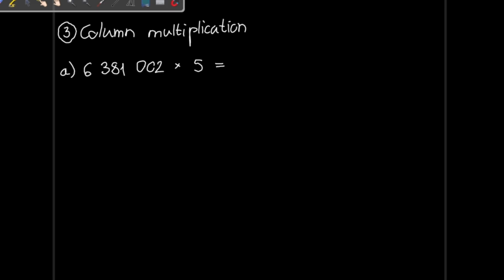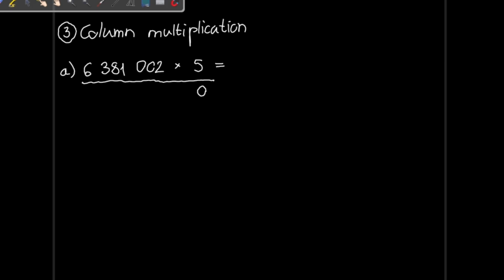So, when doing a column multiplication, we draw a line here. And then we multiply the rightmost number with each digit of the leftmost number here. So we start from here. We say 5 times 2 is 10.